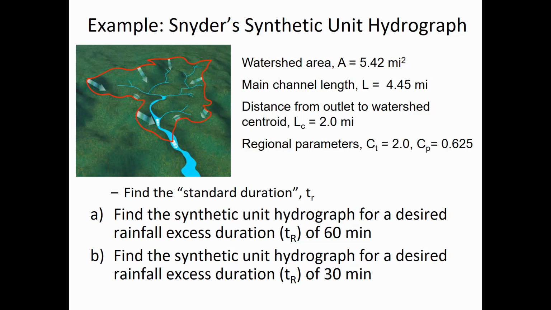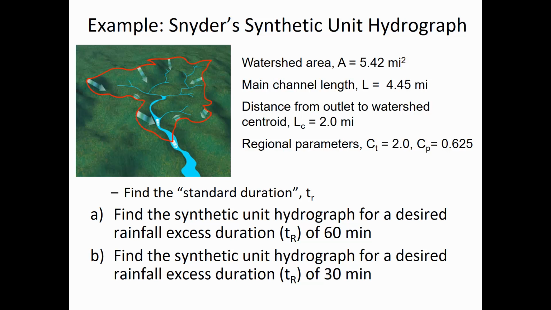So if you have a long, narrow watershed where here's the outlet, what they're asking for is the watershed centroid. If this was our watershed centroid, the center of area, then the length that we're trying to measure, the L sub C, there would be a different stream response if the watershed looked like that compared to a broad watershed like this, where we have the streams coming in, but where the center of area is closer to the main outlet.